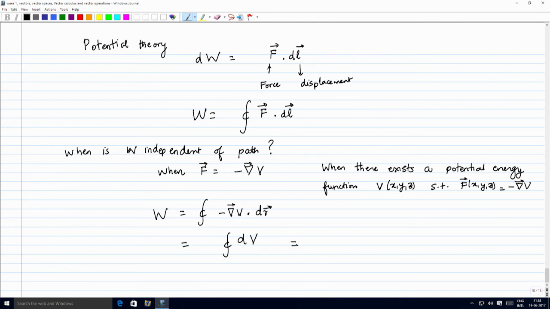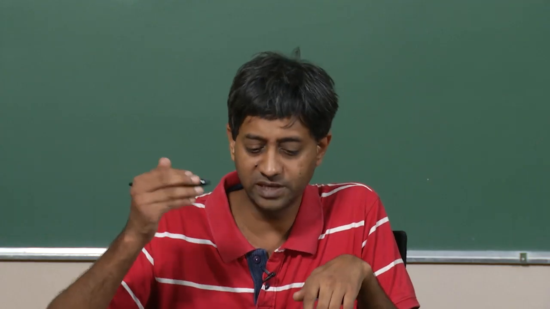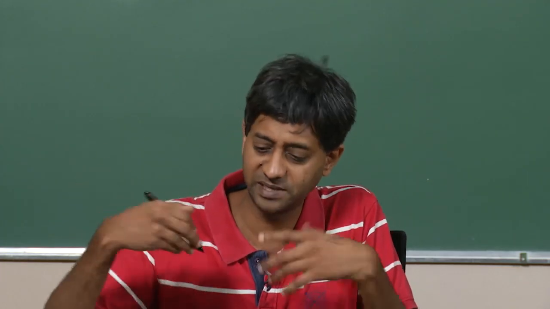This is nothing but, if you are going from point A to point B, the potential at B minus the potential at A. This is clearly independent of path. So, whenever you can write a potential energy function, then the work done in going from any point to some other point will be independent of the path taken.